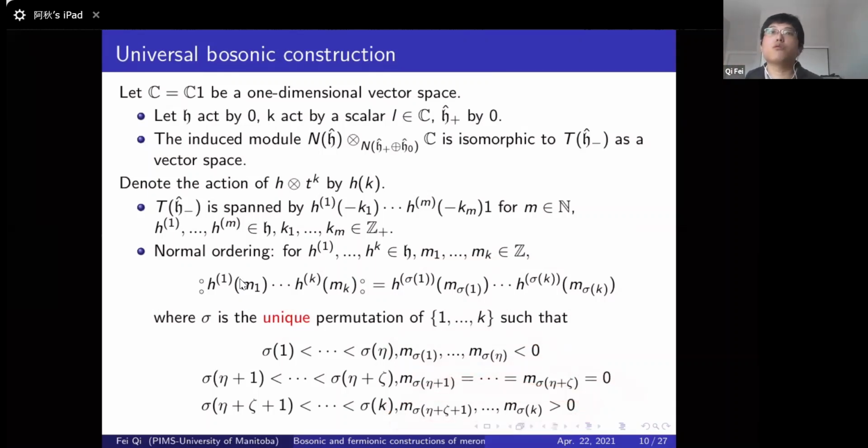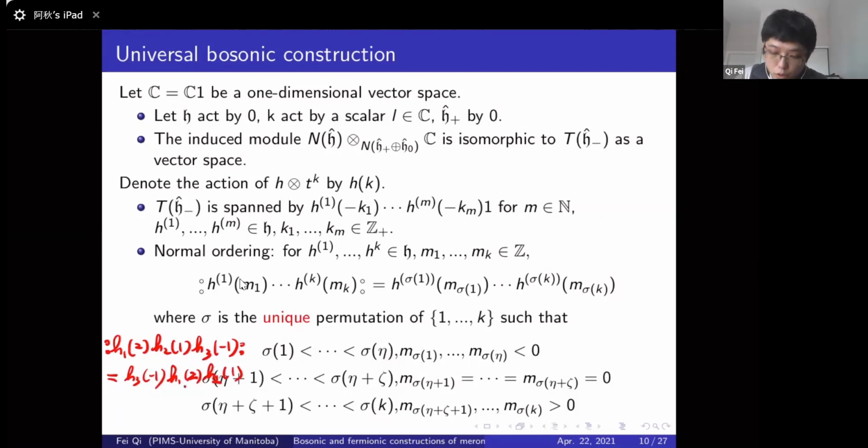This is still similar to what we have seen in the Heisenberg VOA, but the actual thing we have here is the ordering. For example, in this case, we have H_1(2), H_2(1), H_3(-1). If we take the normal ordering, H_3(-1) will be pushed to the front, but H_1(2) and H_2(1) will be pushed to the back.